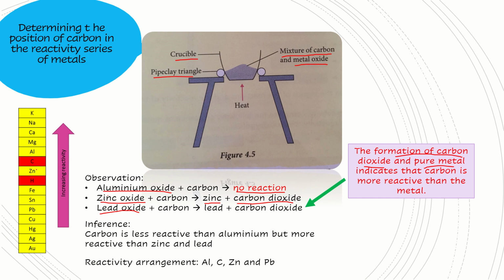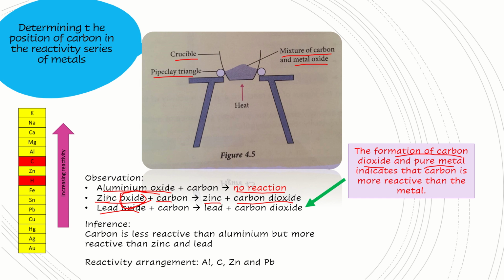So memang kita tengok dekat sini, carbon dia duduk di atas zinc. So ini menunjukkan karbon adalah lebih reaktif berbanding zinc. Dan karbon ni actually it is able to remove oksigen. Oksida ni kan oksigen, okay? So this carbon is able to remove oksigen from zinc oxide.